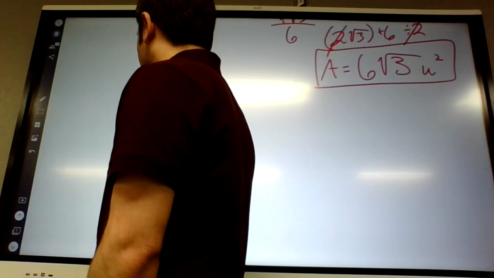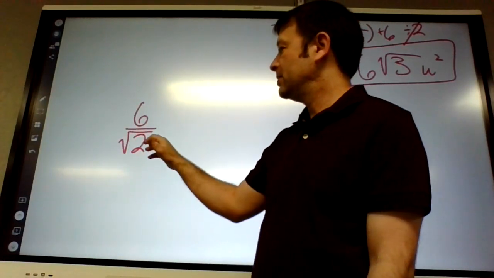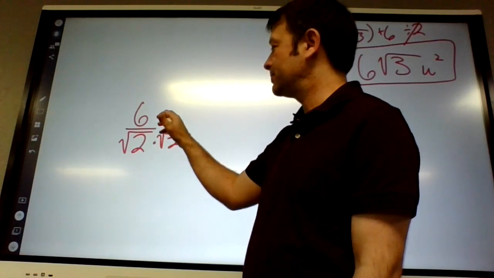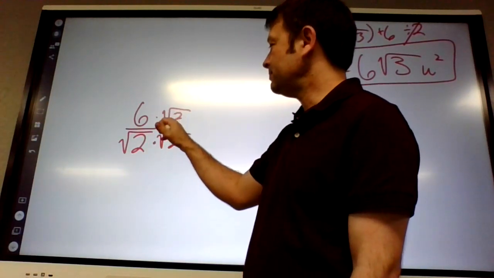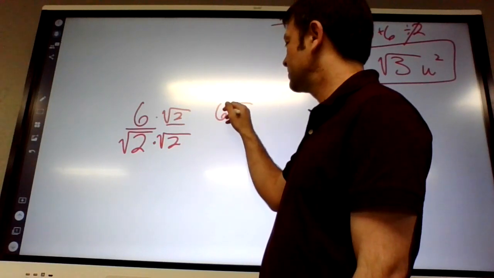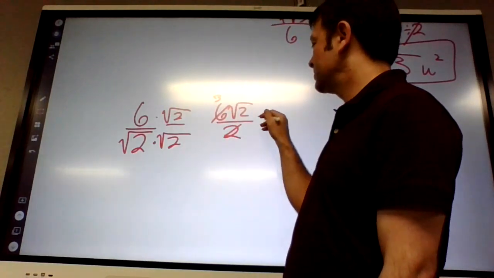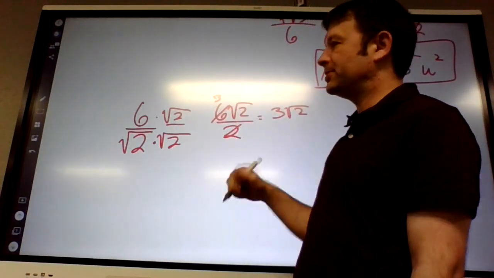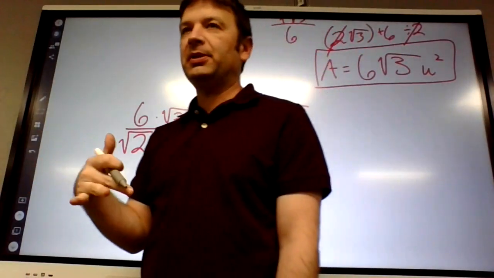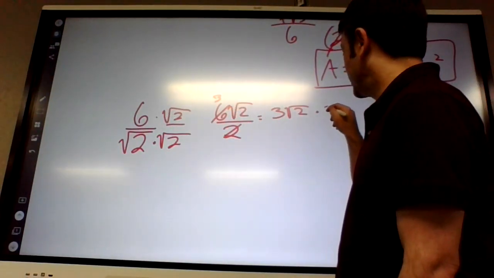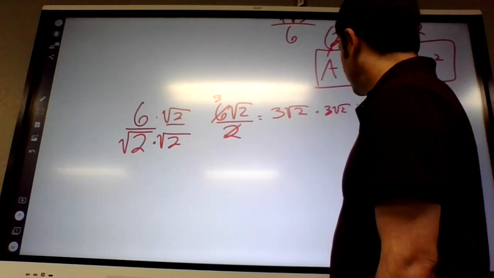A lot of you have calculators that can do it. Instead of being 3, it's 3 square root of 2, basically. But then to find area, you have to do base times height divided by 2.